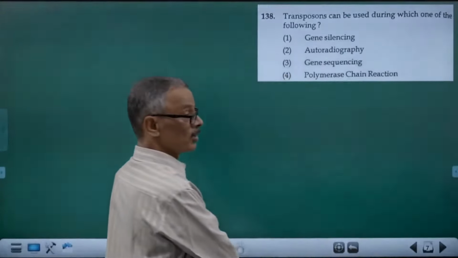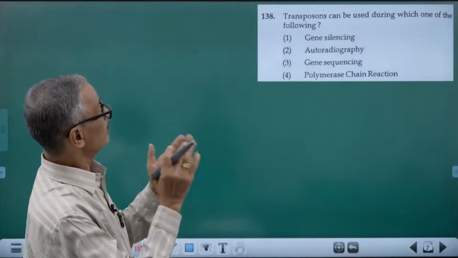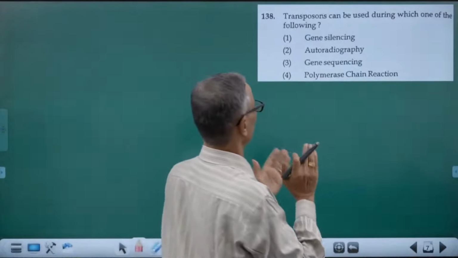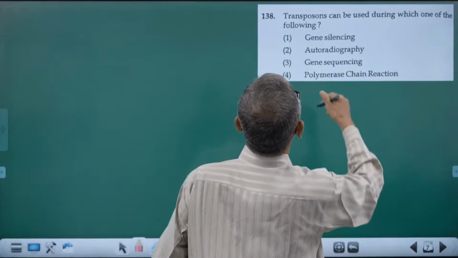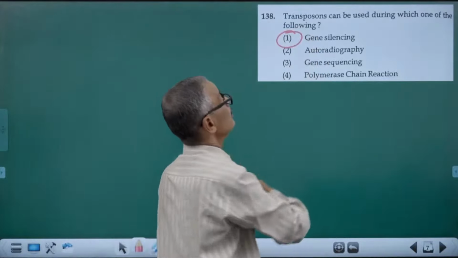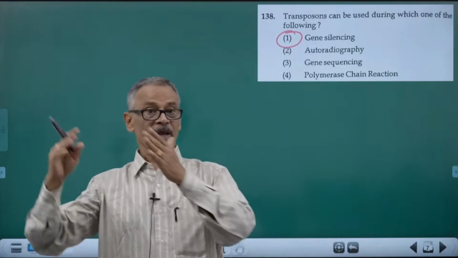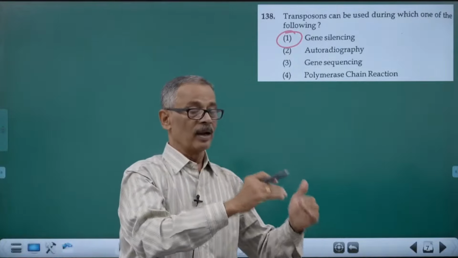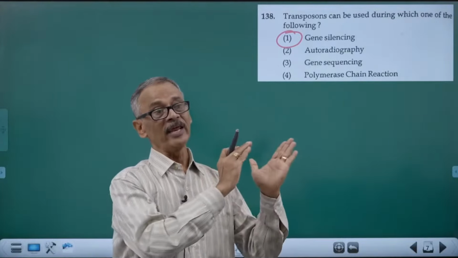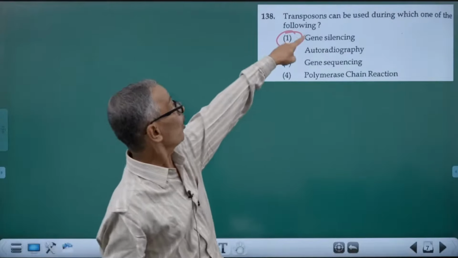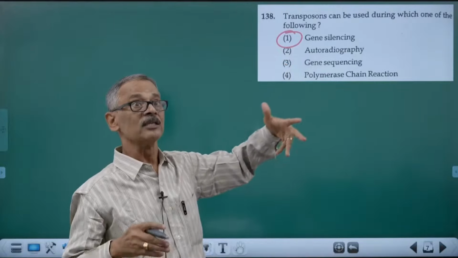Transposons. They are mobile gene segments or DNA segments. Transposons can be used during which of the following? It is used in gene silencing. Whenever a foreign RNA enters and forms a double-stranded RNA, or when a jumping gene, that is the meaning of transposons. Transposons are simply jumping genes.